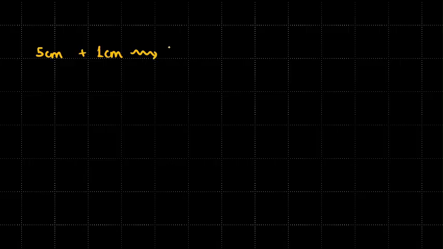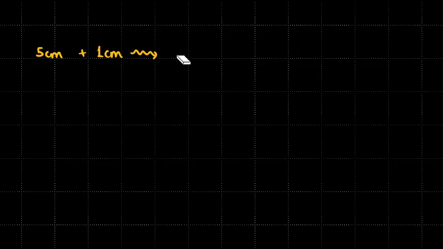Wait, let me think about it. 20%, because the percentage error will be 5 minus 1 by 5 times 100%, which will give you 4 by 5 times 100, which is actually 80%. Wait a second. I think I made a mistake. Sorry. Once, let me check.